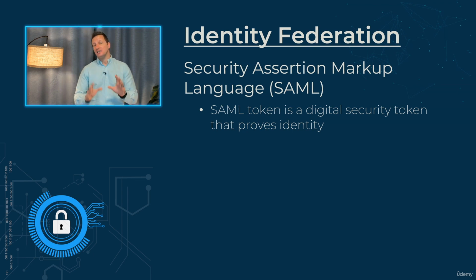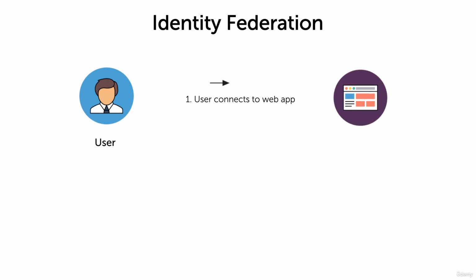But what we really care about is what it does and why it's important. How is it used? So a SAML token is a digital security token that proves your identity. Now you might wonder, well, how does that play out exactly? The best way for us to do that is to look at a diagram. In our diagram, in step 1, we've got a user connecting, let's say, to a web app. So a website. So they're connecting to a resource.